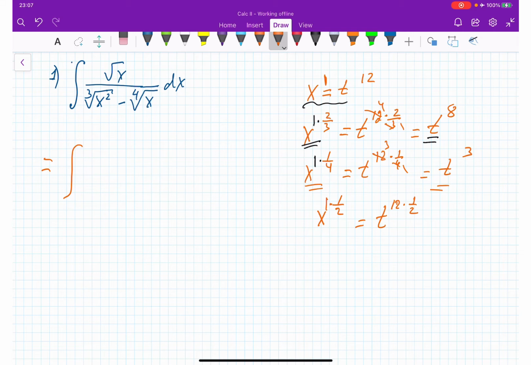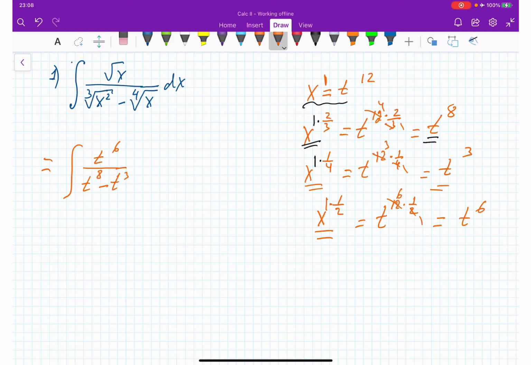And this is 1, this is 6. So x to the power 1/2 is equal to t to the power 6. Okay, we got it. So here I have t to the power 6, here I have t to the power 8, and x to the power 1/4 is t to the power 3.